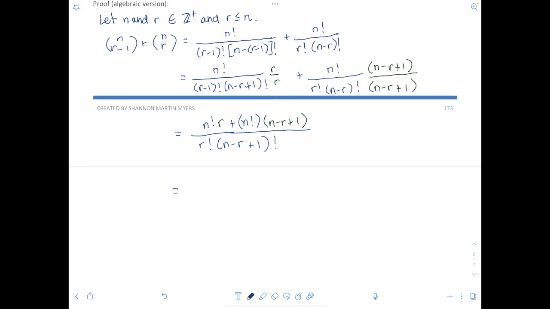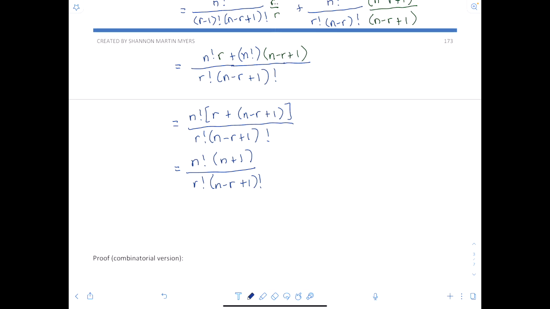This will be equivalent to n factorial. There's a common factor of n factorial. So I have a factor of r remaining in the first term. And in the second term, I'd be adding n minus r plus 1 over our same denominator, r factorial times n minus r plus 1 quantity factorial.